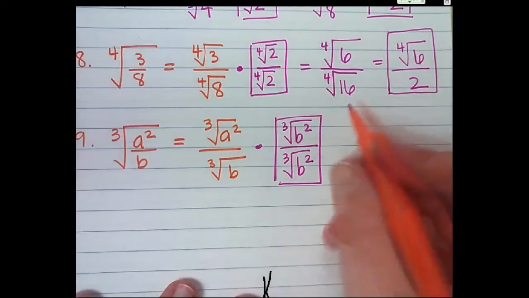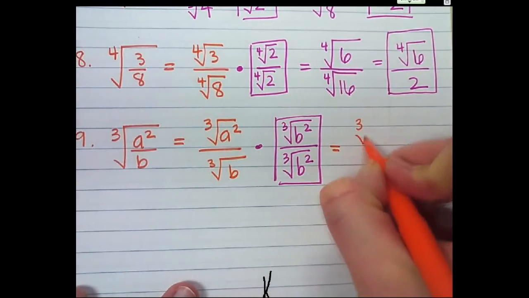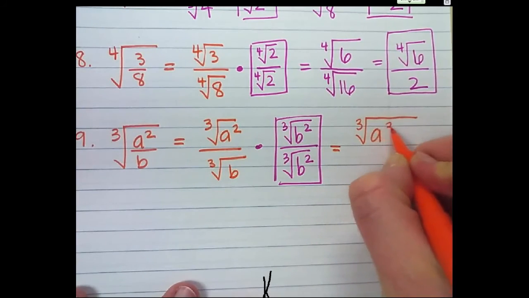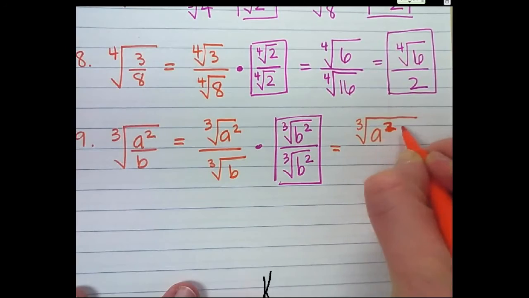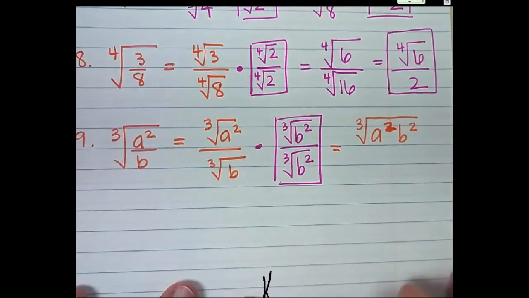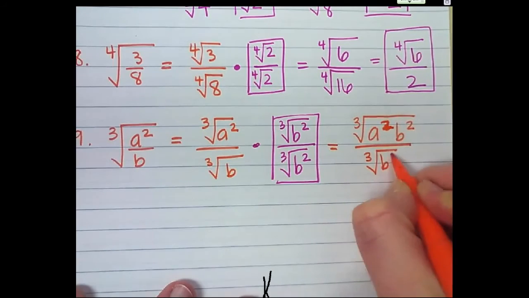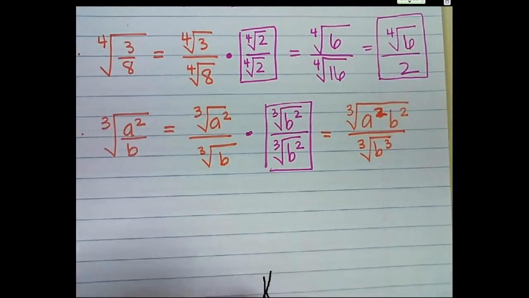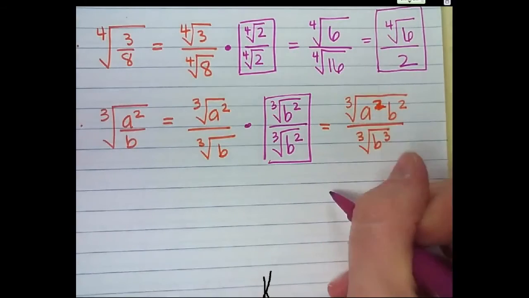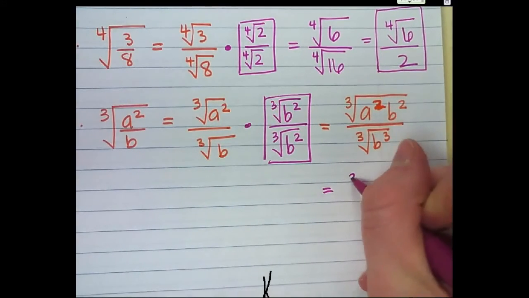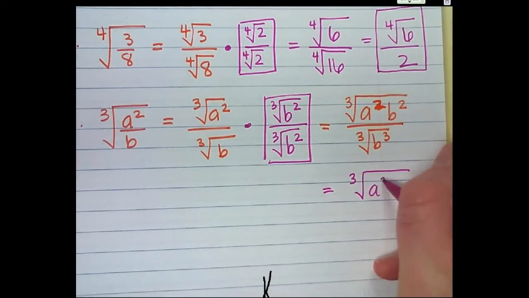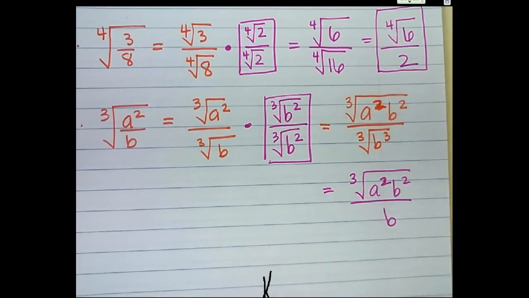So across the top just becomes a squared, b squared underneath. Across the bottom, cube root of b to the third. Can I simplify anything on the top? No. So just leave it. A squared, b squared. And on bottom, I get the b.